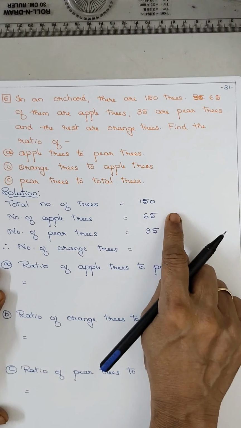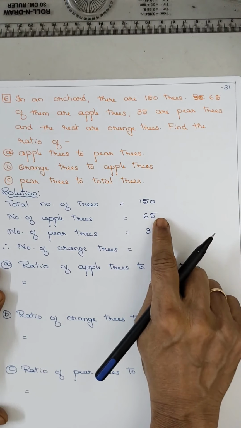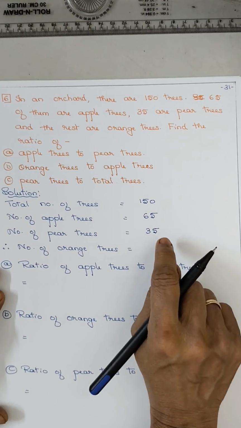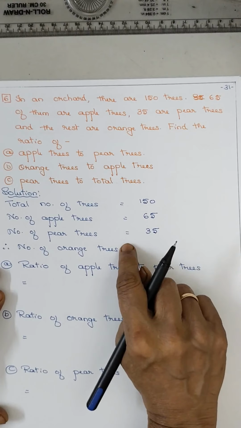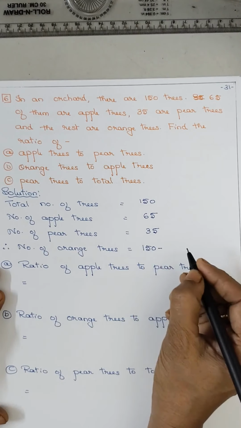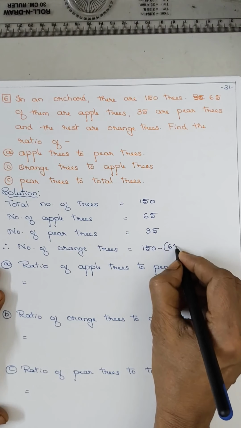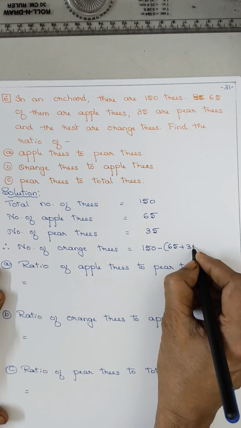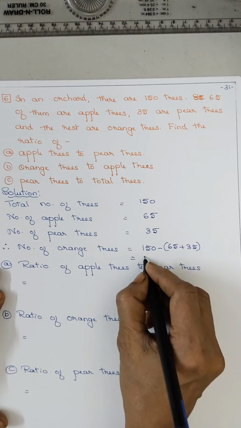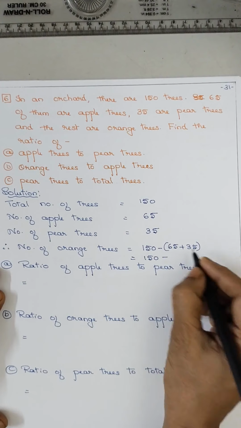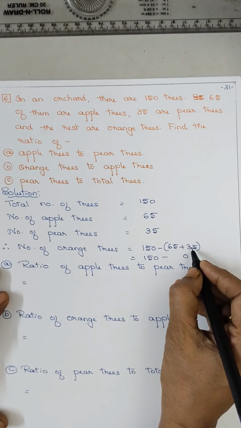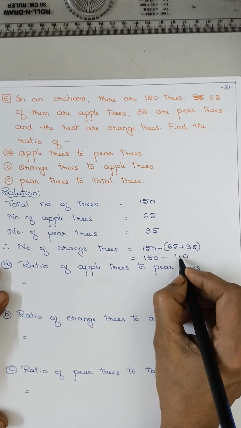Total 150 है, उसमें से 65 एप्पल ट्रीज, 35 पेयर ट्रीज, तो जो बचे हैं वो ऑरेंज. तो इसका मतलब टोटल 150 माइनस एप्पल ट्रीज प्लस पेयर ट्रीज. So it will be 150 minus 5 plus 5 10, 1 plus 6 7 plus 3 10.